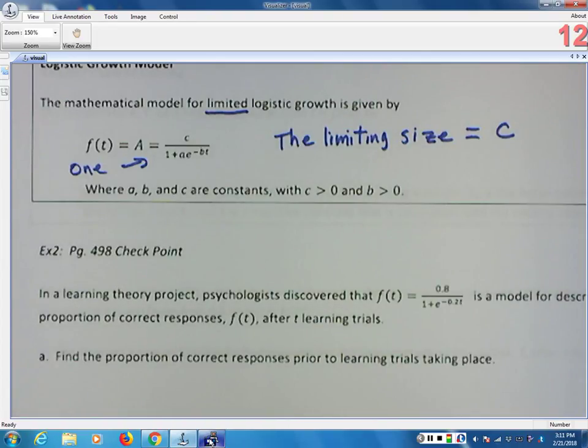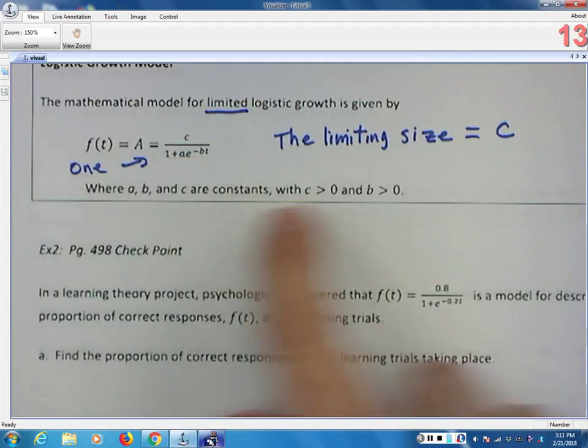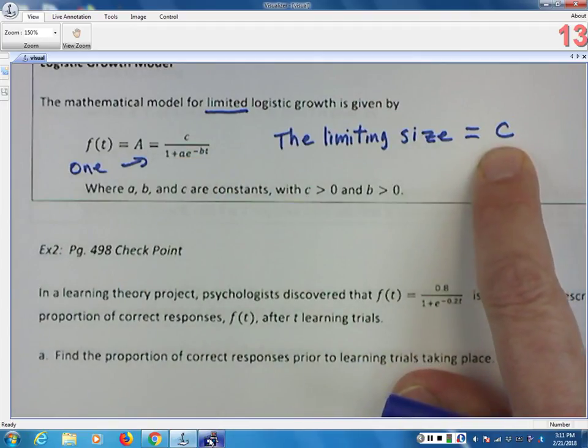It will always be the limiting size as long as there's a 1. Right here, the limiting size is always c.